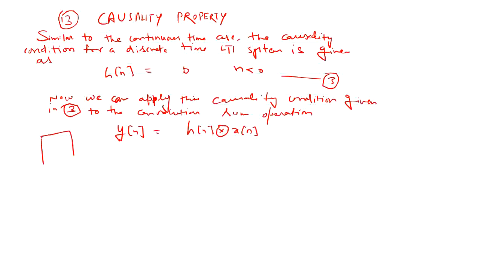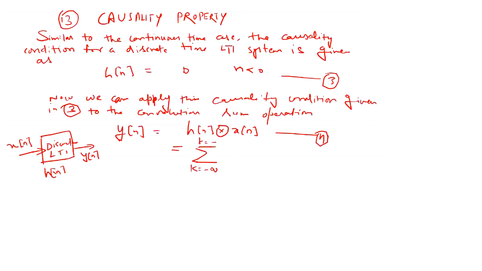We have a discrete time LTI system, where we apply an input x[n], the output is y[n], and the impulse response is h[n]. So y[n] is the convolution of h[n] with x[n], which can also be represented in summation form: the sum from k equals minus infinity to plus infinity of h[k] x[n minus k].